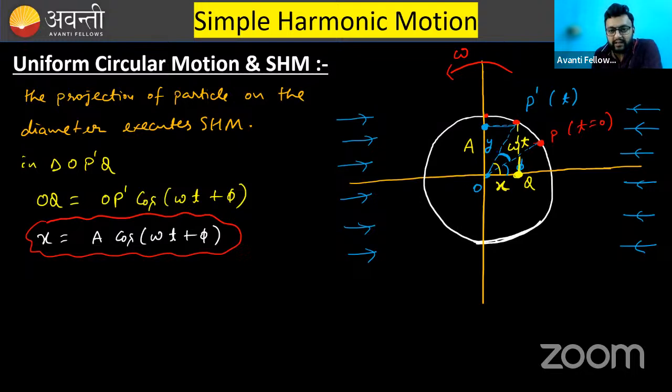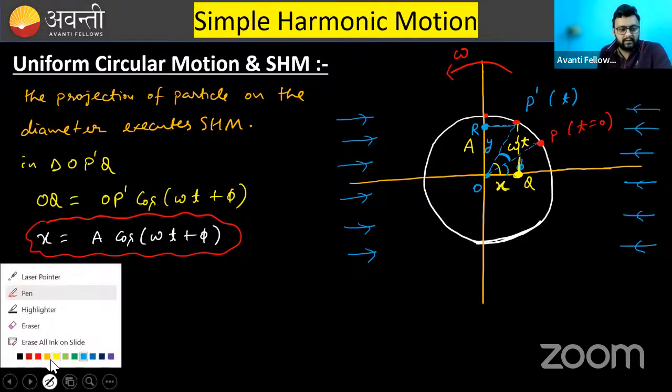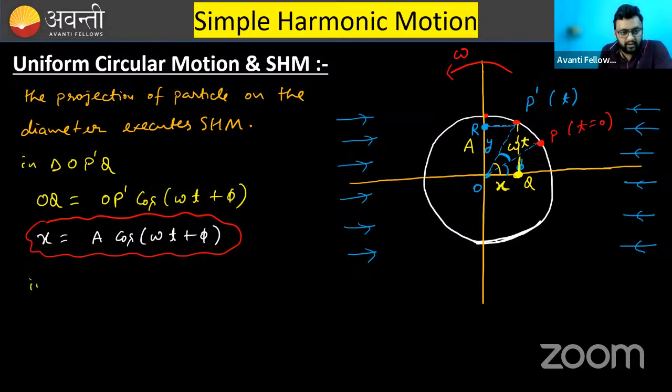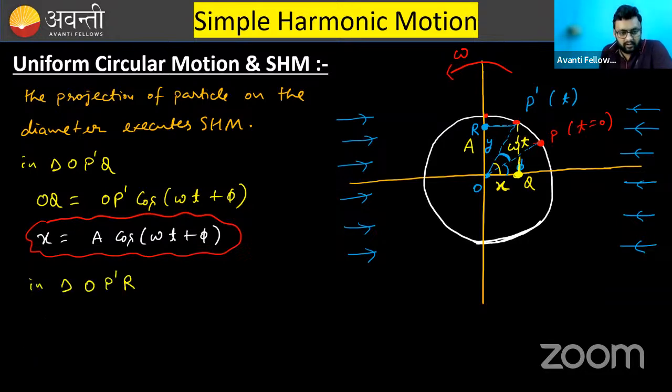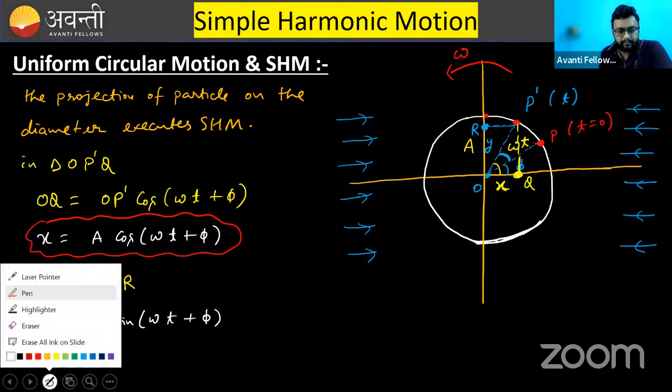If you calculate y from the triangle O P dash R, let this point be R, then y will be A sin(omega t plus phi).